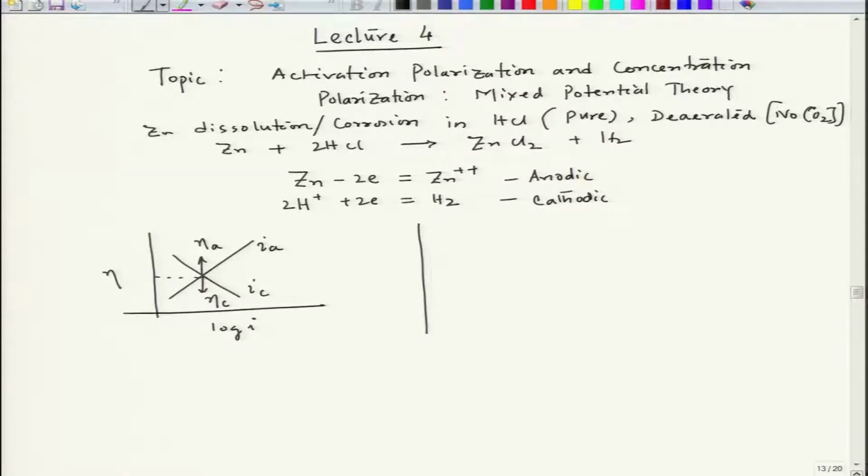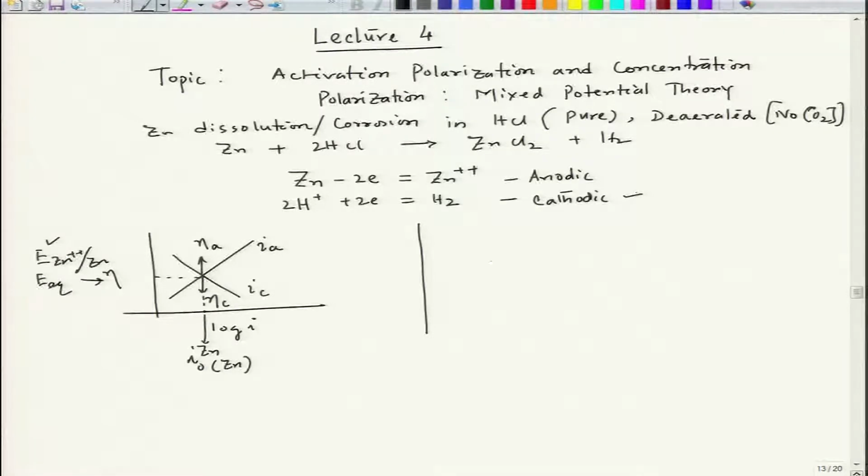This point corresponds to I_0 of zinc on the zinc surface, and this corresponds to E equilibrium, or E_Zn2+/Zn. Now, this value would depend on the concentration of zinc ion in that electrolyte.